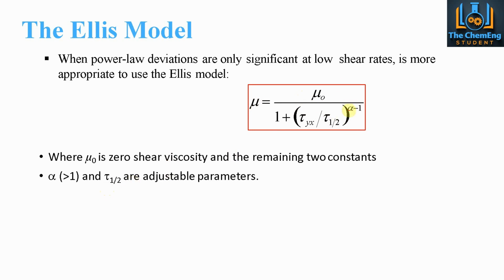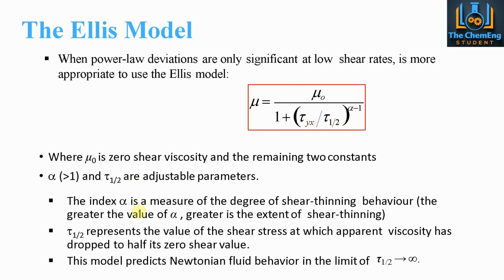Now, alpha is again a curve fitting parameter, but tau a half is in respect to the shear stress this time. The index alpha is essentially a measure of the degree of the shear thinning behaviour, i.e. the greater the value of alpha, the greater the extent of the shear thinning behaviour.